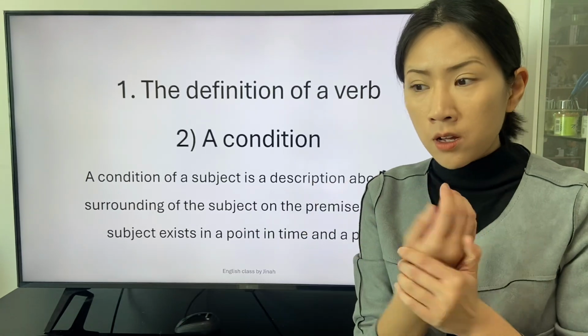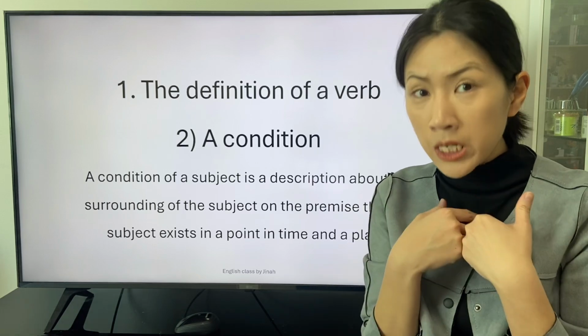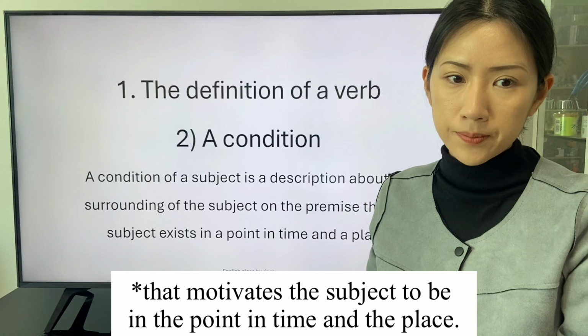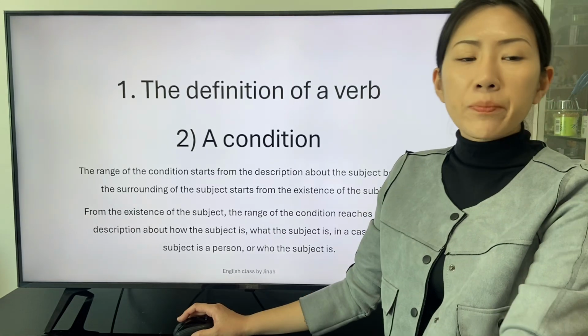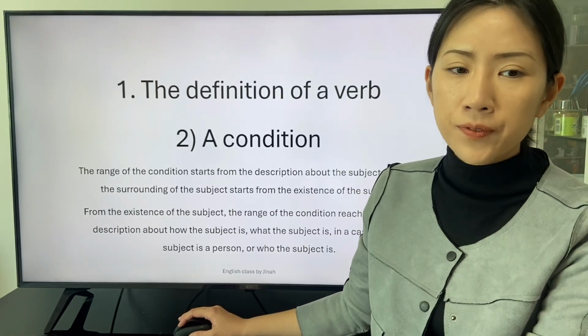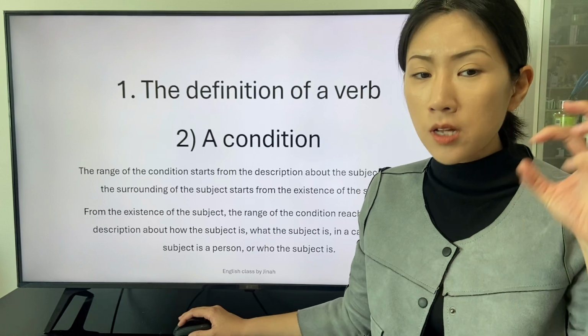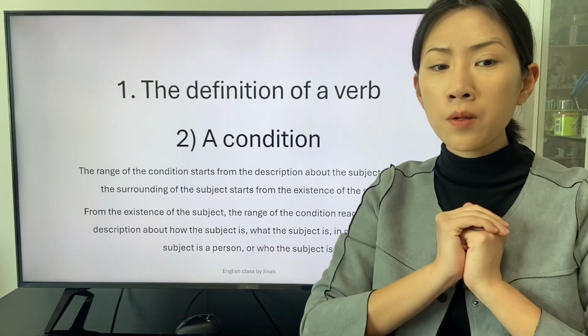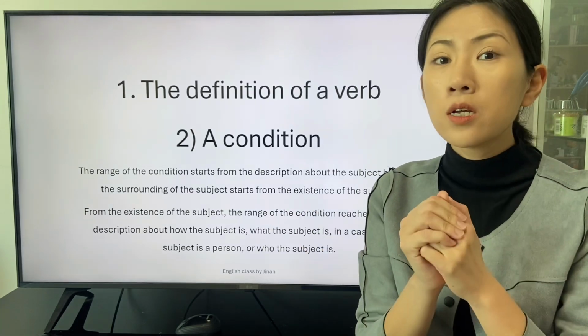The range of the condition starts from the description about the subject, because the surrounding of the subject starts from the existence of the subject.